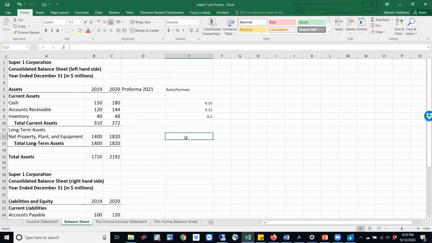We've got our net property, plant, and equipment. So this is going to change by the PPE from time T plus our CapEx for time T plus 1 minus our depreciation for time T plus 1.